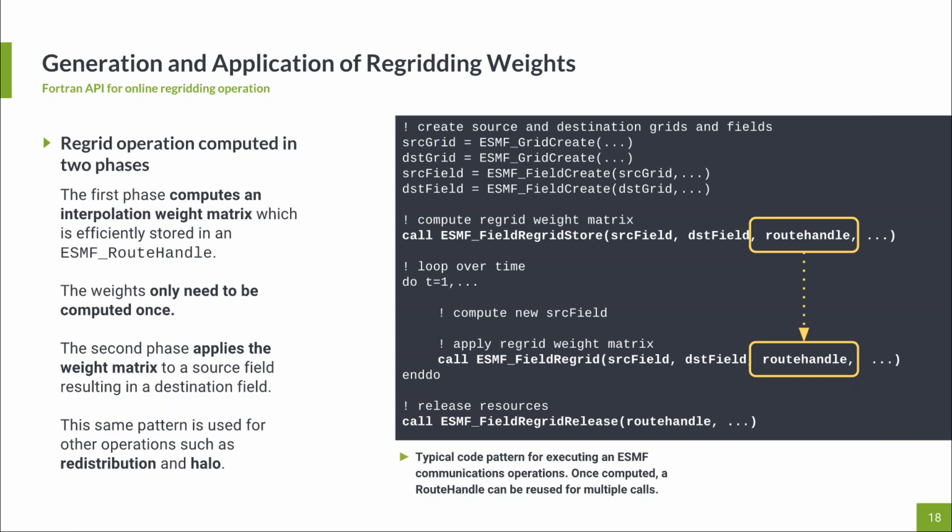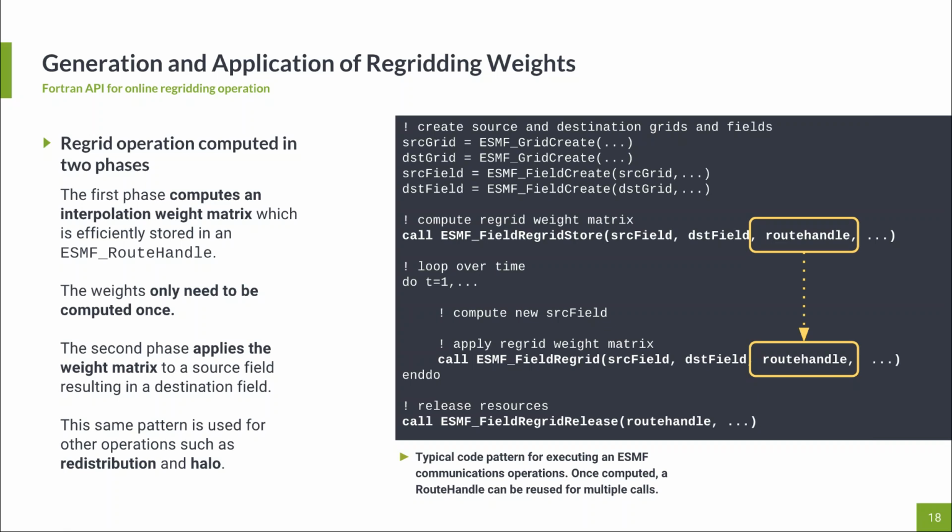And then at the end, when your model run is over, the ESMF field regrid release at the bottom frees up all the resources. So this is a typical pattern you will see if you're using ESMF online to regrid between grids in different model components.